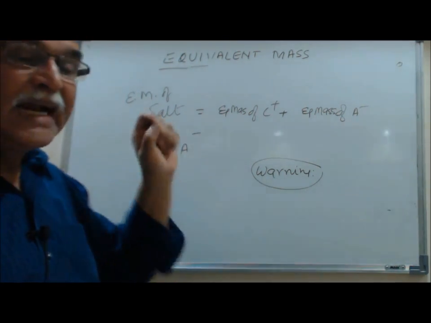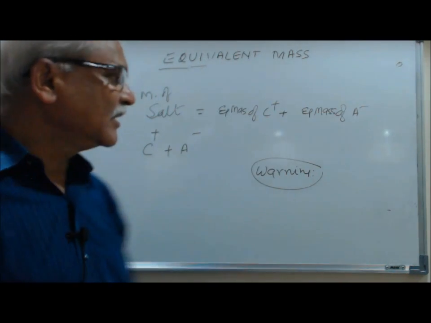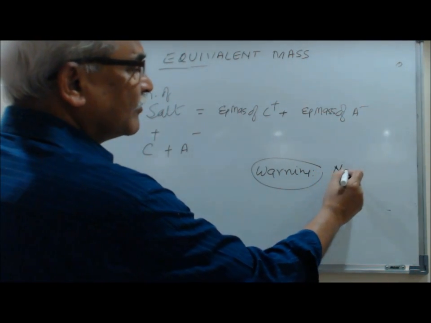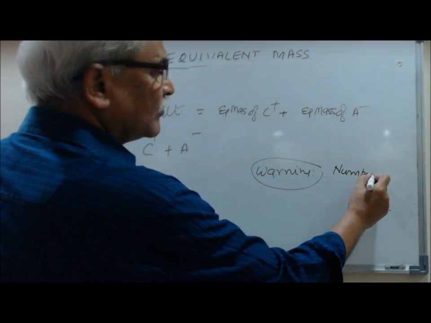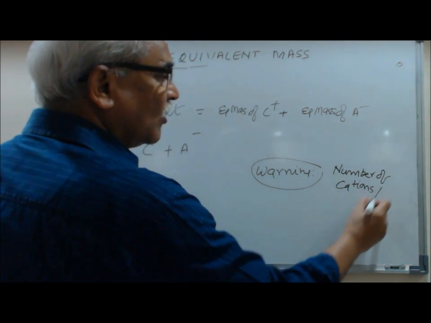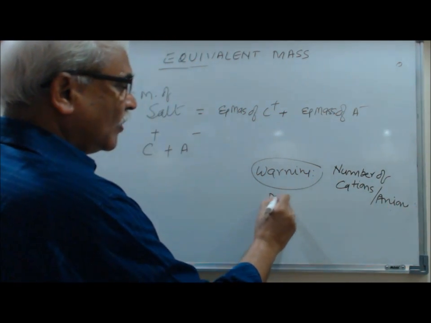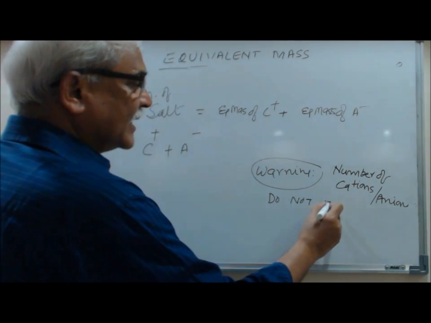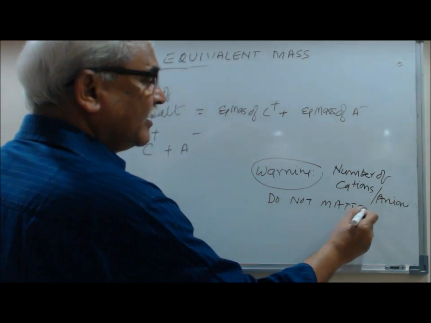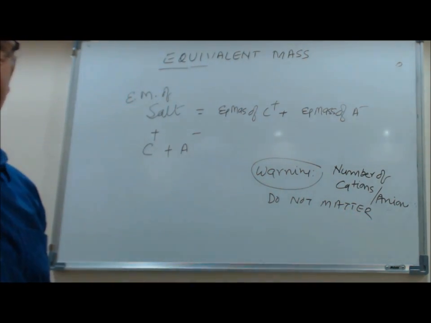So this expression is independent of how many cations or how many anions there are. The number of cations or the number of anions do not matter here. By here I mean the calculation of equivalent mass.